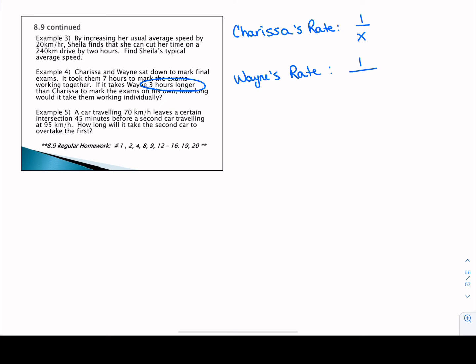So if we don't know what that work rate is, we can just put this in and say that Wayne's rate must be 1 divided by x plus 3 because it's whatever Carissa's time is plus an additional 3 hours to complete that same job. The only other piece of information that we have is that it's taking them 7 hours working together. So we would say the time together, or the time it takes them to complete the job working together, is 7 hours.